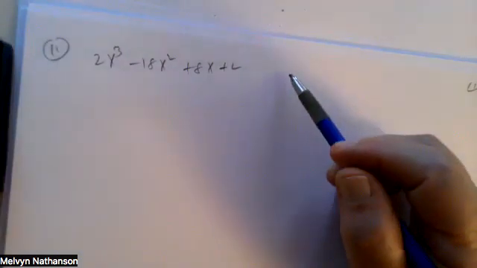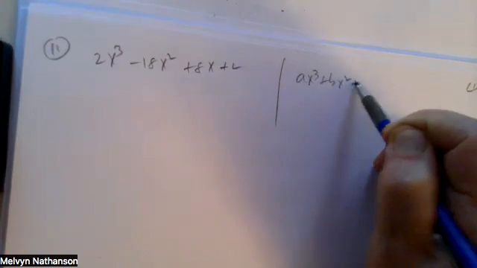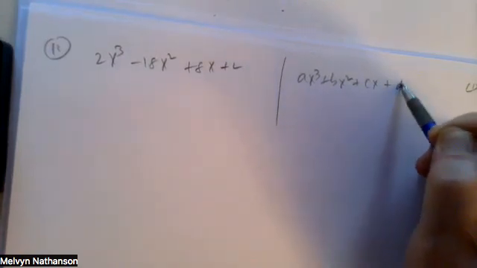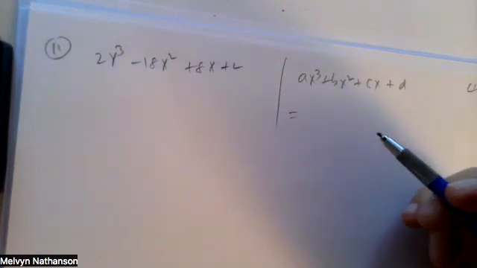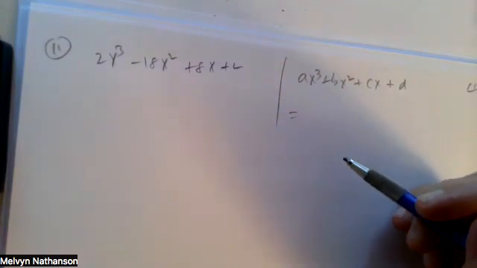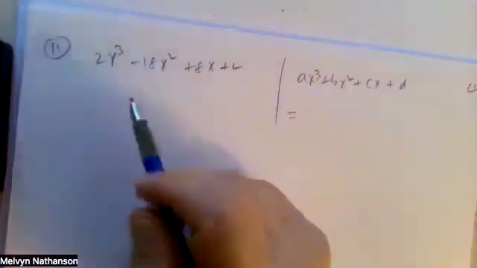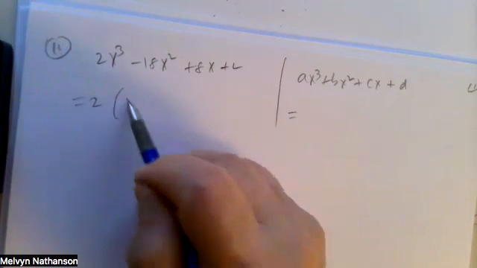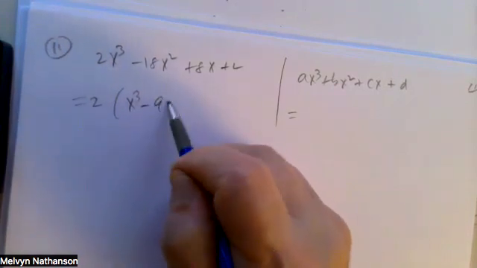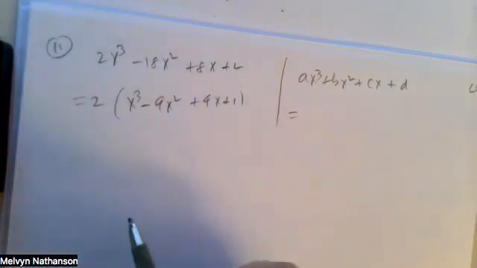Let's see. I can do it in two ways, but if we have ax cubed plus bx squared plus cx plus d, this is the same as, let's see, what's the nicest way to do that? No, let me just do it easily. So this is going to be the same as, factoring out a 2, x cubed minus 9x squared plus 4x plus 1.